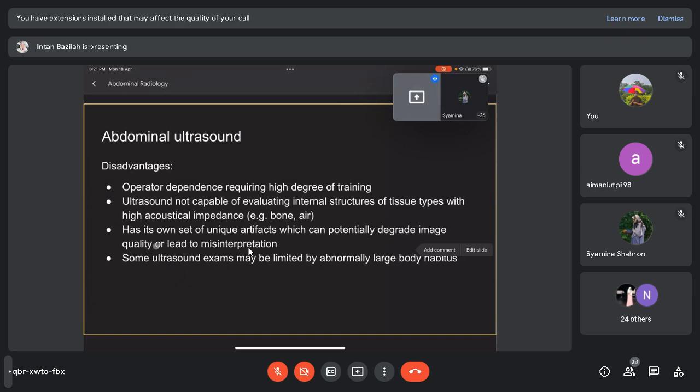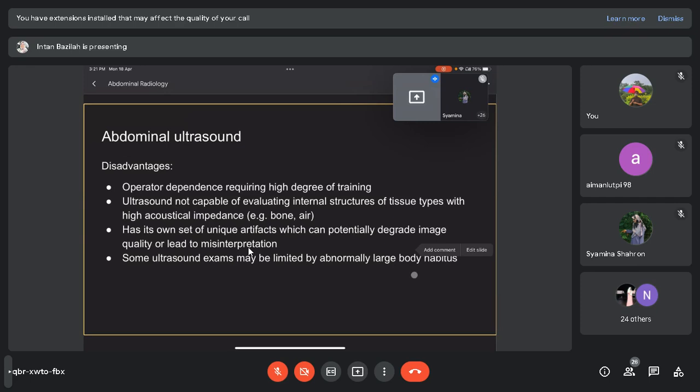And of course, it also has its own set of unique artifacts that can potentially degrade the image quality or lead to misinterpretation. And some ultrasound exams may be limited by large body habitus, because if the patient is quite big or very big, the sound wave cannot really penetrate the body tissue.